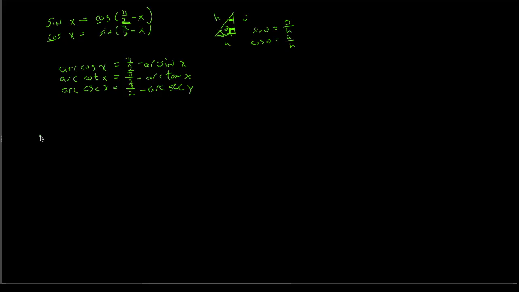Well, if I want to find a derivative of arc cosine of x, then it's the same as finding the derivative of this relationship.